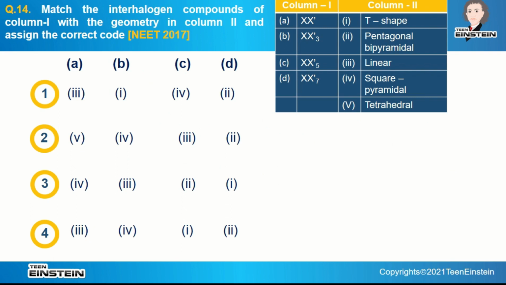Match the interhalogen compounds of column 1 with the geometry in column 2 and assign the correct code. So they give column 1 some interhalogen compounds. In column 2 they give geometry. So we want to assign the correct code. So here we see column 1.